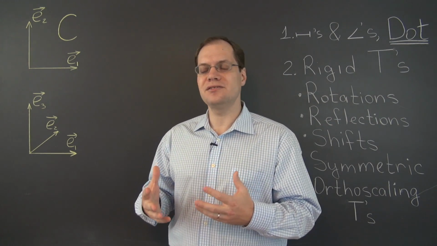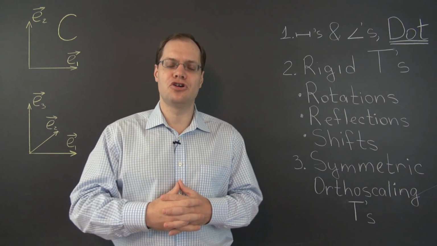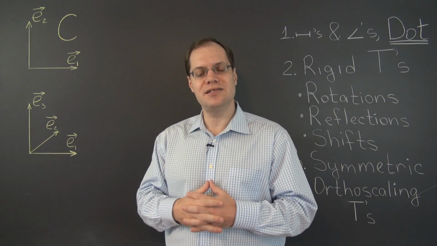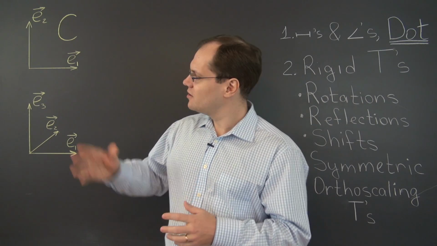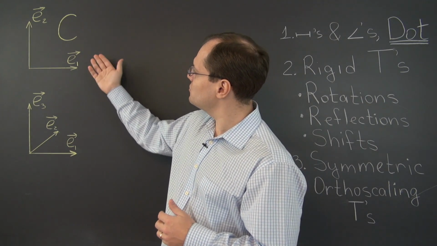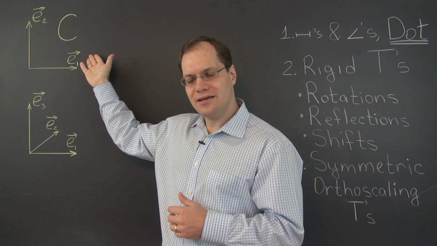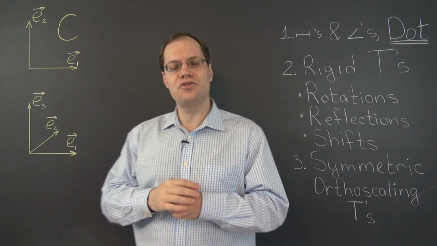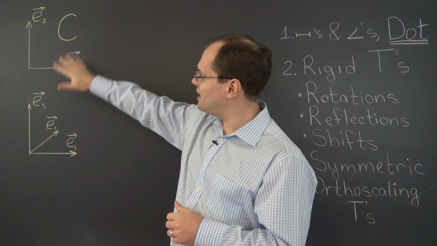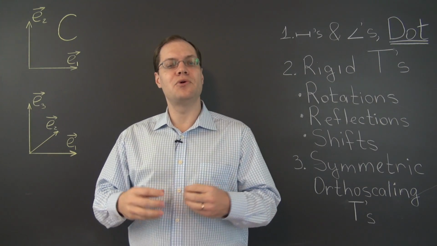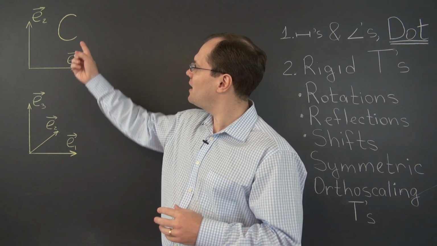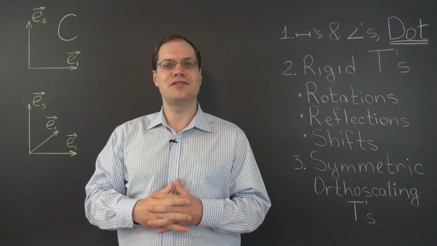So these two reasons make the Cartesian basis a good choice. And since we will use these kinds of bases throughout our discussion, these two diagrams, one illustrating a Cartesian basis in the plane, and the other one illustrating it in the three-dimensional space, will stay on the board throughout. And we will refer to these bases by the capital letter C for Cartesian.